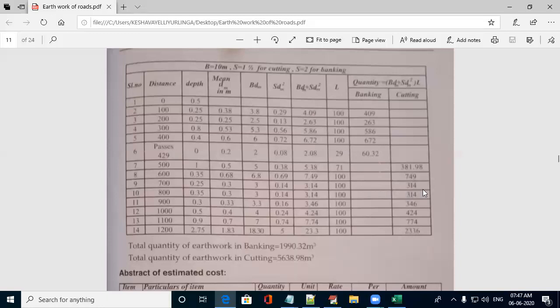This is compulsory in banking and cutting. Later, at the end, for the total quantity of earthwork in banking, add only these values and write the total here. For the total quantity of earthwork in cutting, add only these two values and write it here. Okay. This is what you have to do.